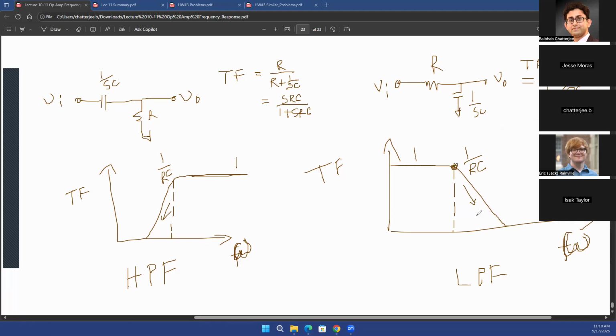Let's say after the pole, you're moving in this direction and you're increasing your omega by 10 times. So your transfer function, which is 1 divided by 1 plus SRC, your S is equal to j omega. If your omega increases by 10 times, your 1 divided by 1 plus SRC, that term will also almost increase by 10 times, right? Because 1 is a very small quantity now. So let me write this down.